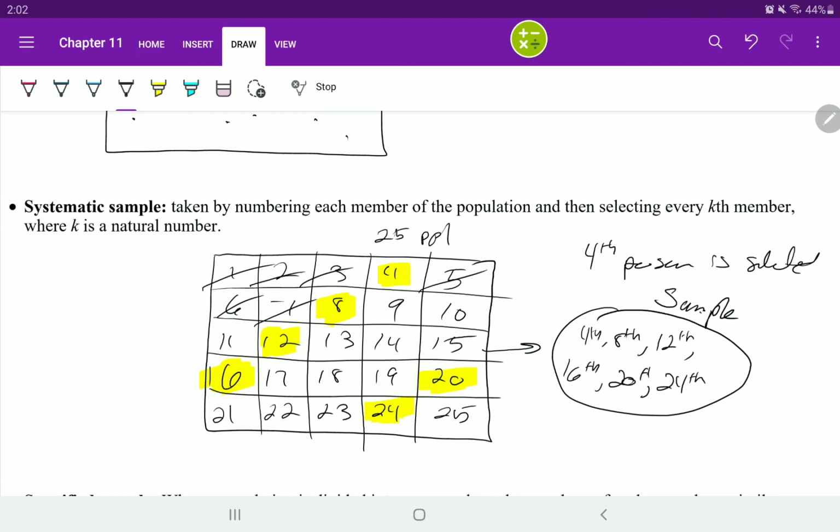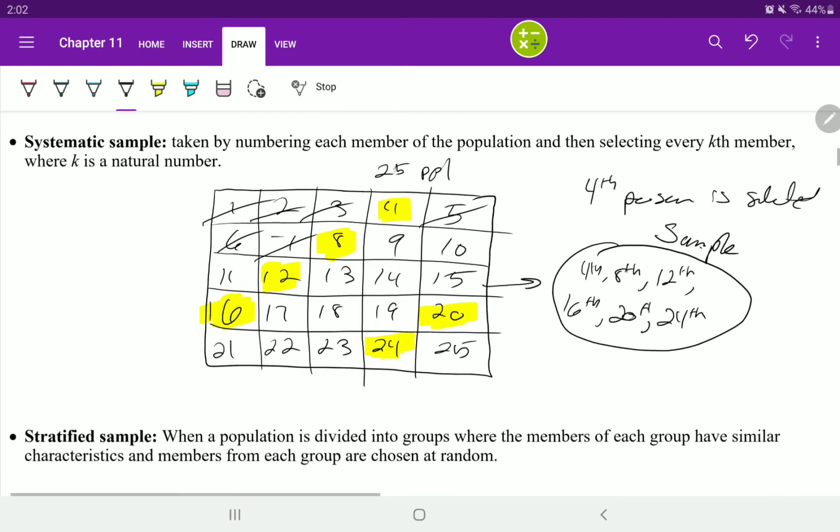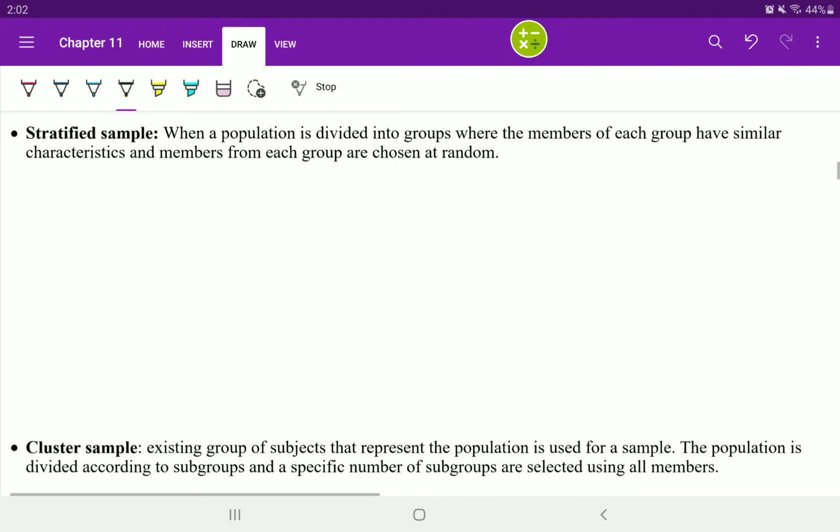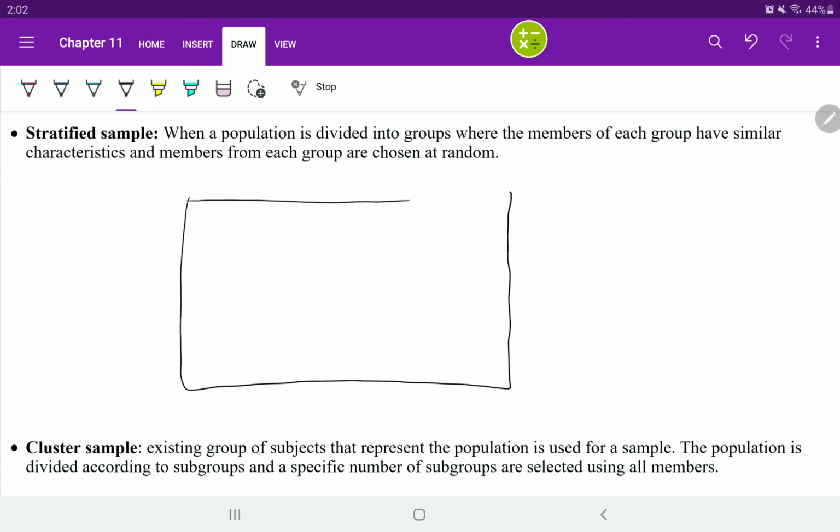Okay. Now, let's transition on to stratified sampling. Stratified sampling is when a population is divided into groups where the members of each group have similar characteristics, and the members are chosen from each group at random. So we're going to draw a population again. Let's say there are 300 people in this population.